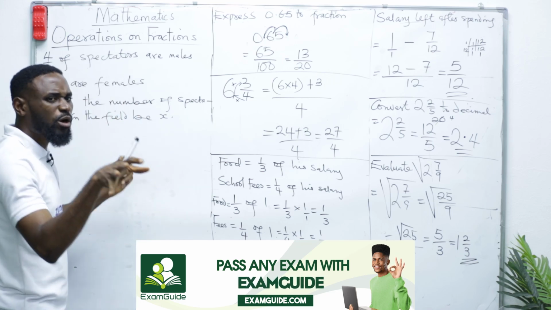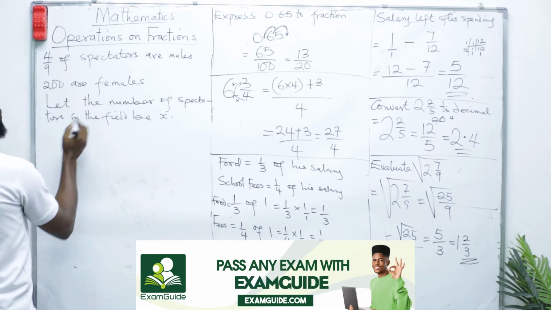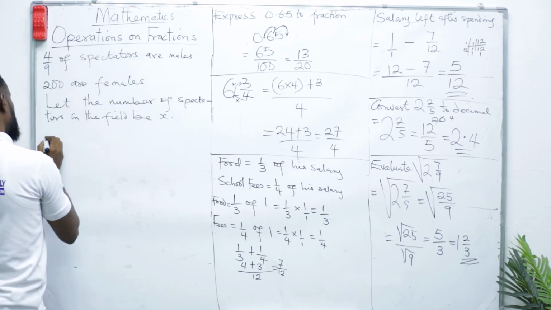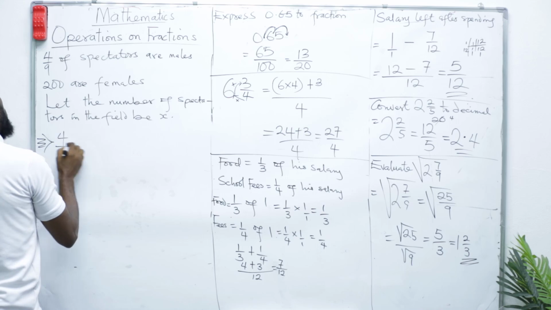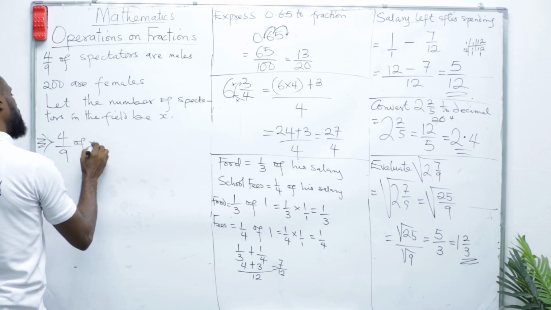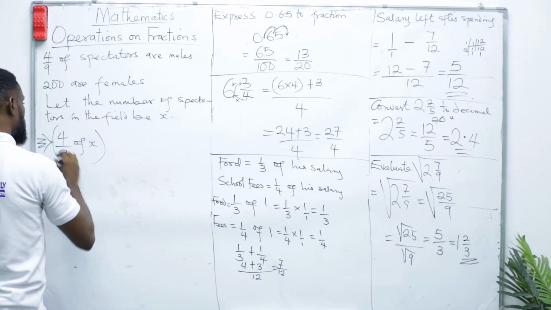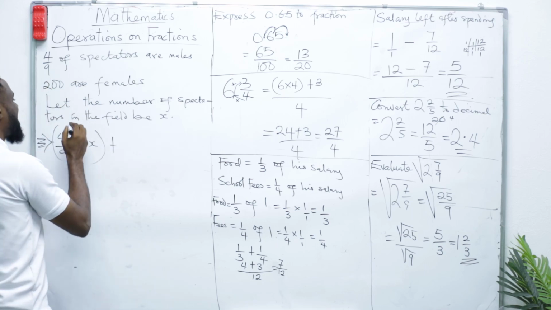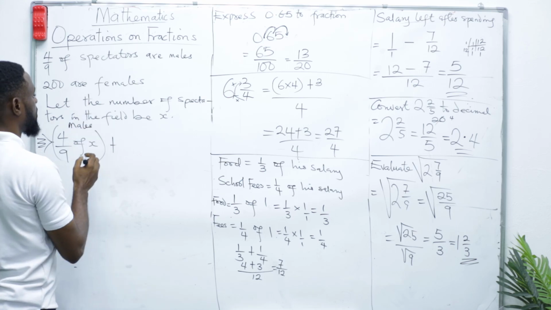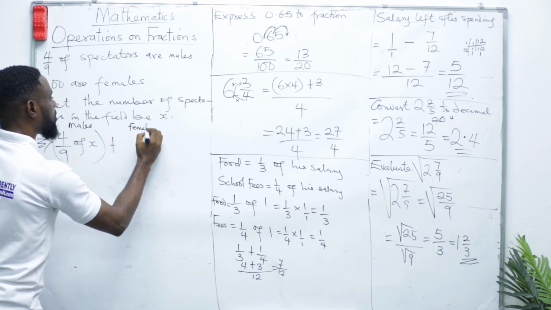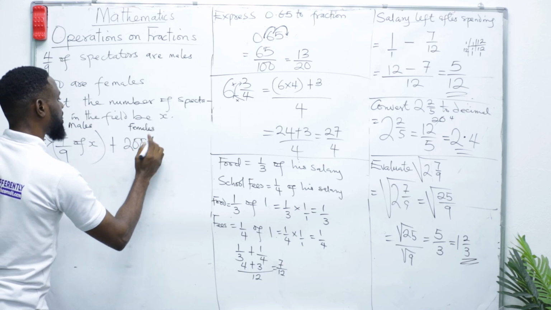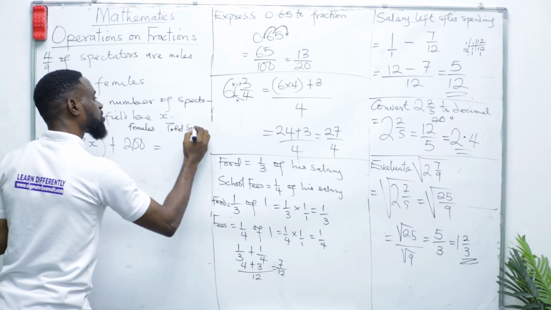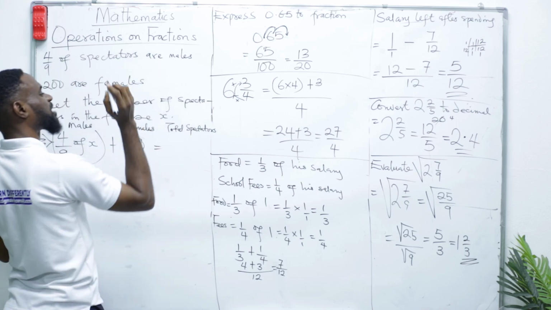Now look at what the question is saying. 4 over 9 of spectators, that is 4 over 9 of X, plus 200. Remember this 4 over 9 is males. Plus females, they say, is 200 of them. So they will give us the total spectators. What is our total spectators? X.